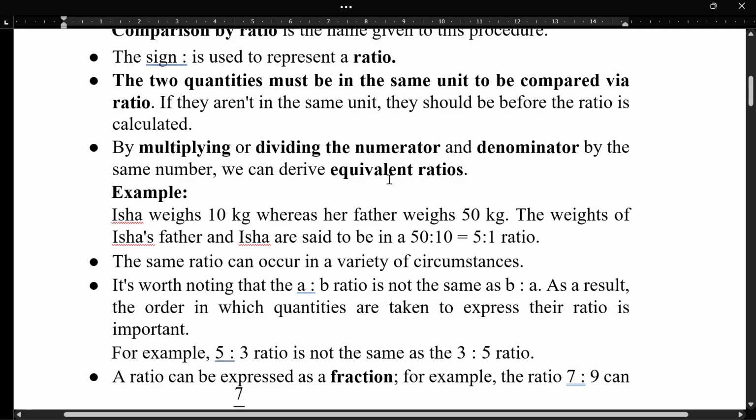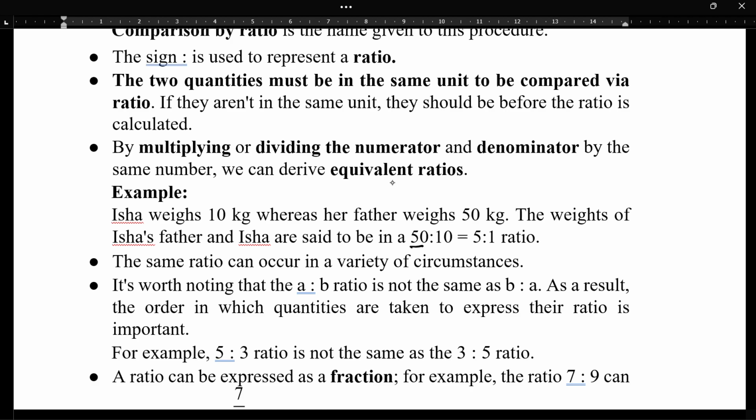The weights of Isha's father and Isha are said to be 50 ratio 10. They both are in the same unit, so same quantities. When we divide both the numbers by 10, it will become 5 ratio 1.